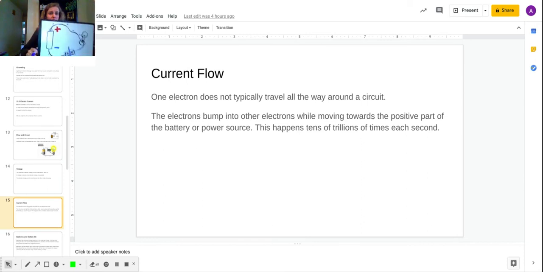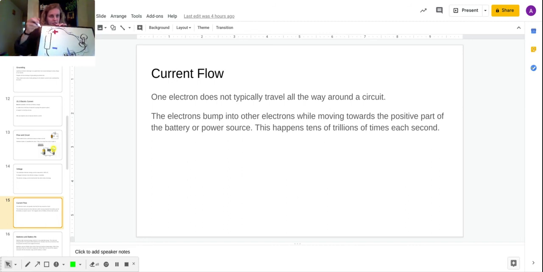So going back to the current flow. Because our wire is a solid, electrons will flow versus ions. When we're looking at this, it's not like there was one tiny electron that travels all the way through, lights up the light bulb and keeps traveling.